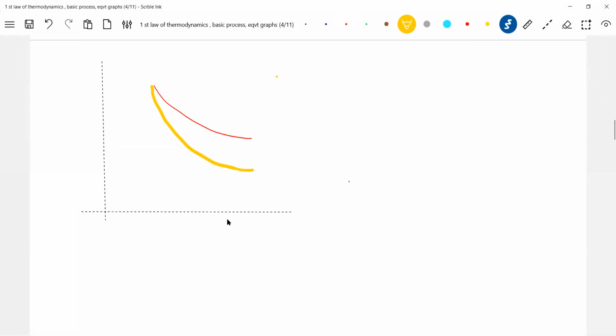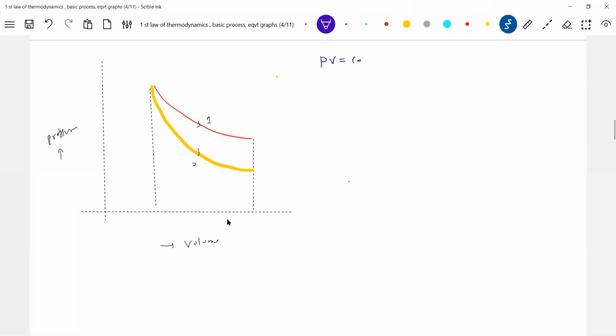So which one will represent isothermal? Which one will represent adiabatic? That is what we are trying to verify here. So this will be the pressure and there's the volume. There's a curve 1, there's a curve 2.